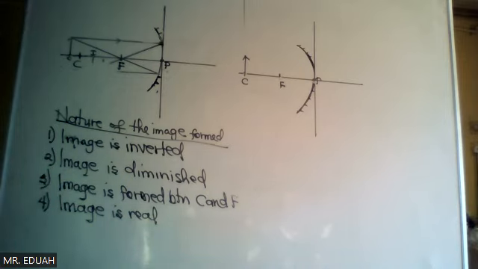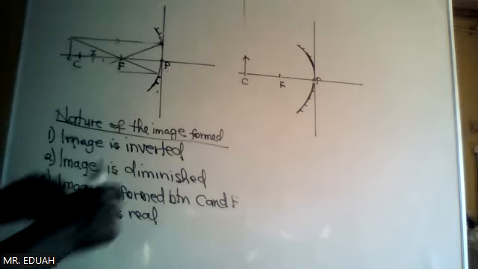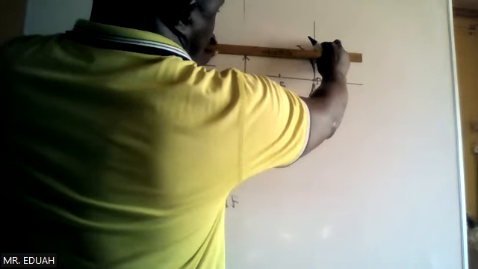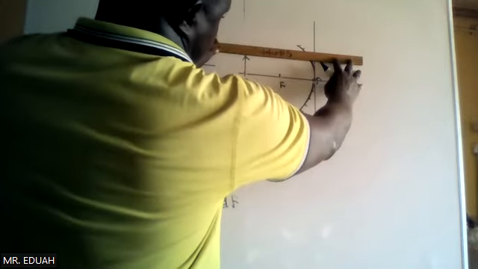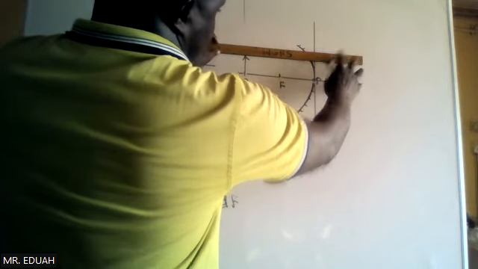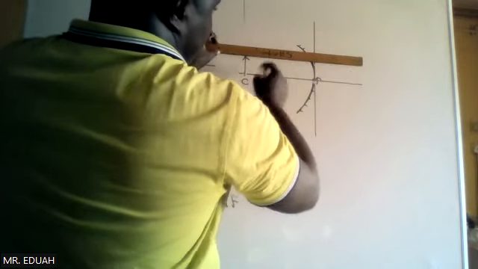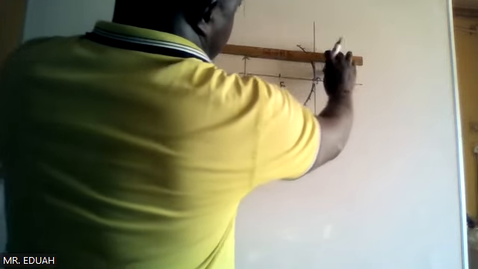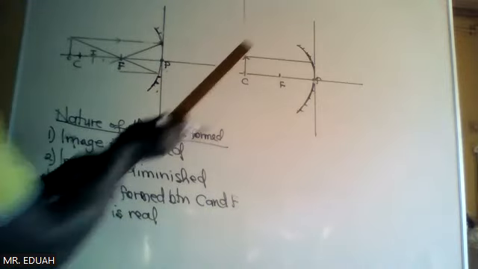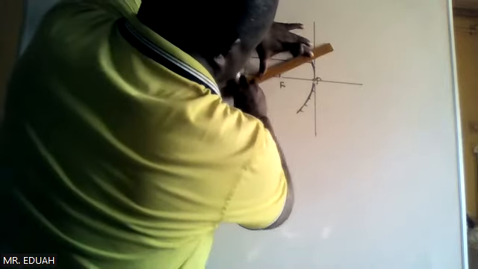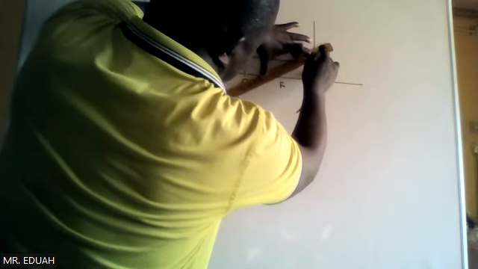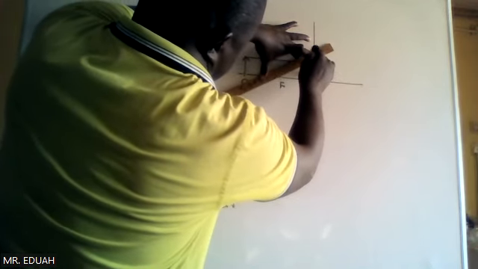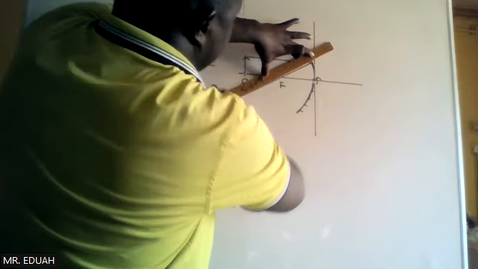So I'm also going to use the same thing. Any two. A ray of light parallel to the principal axis after reflection will pass through the principal focus.